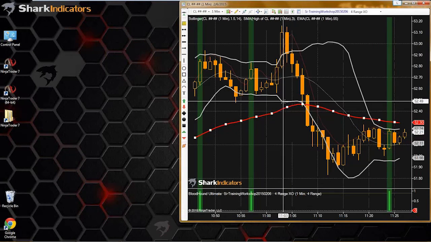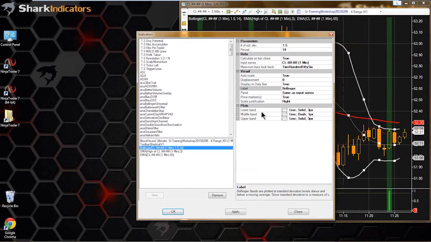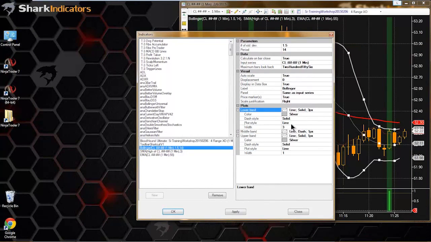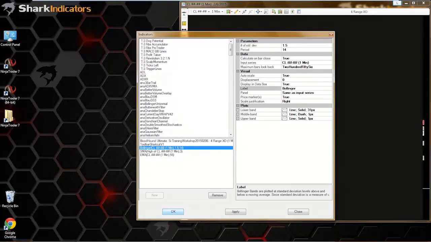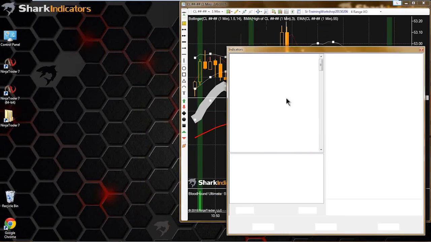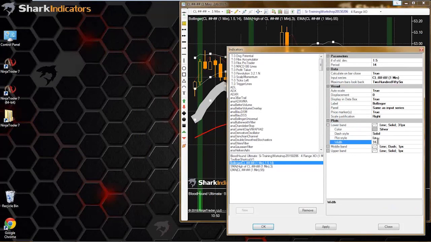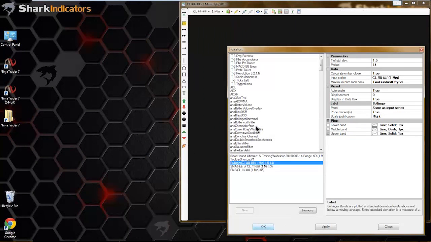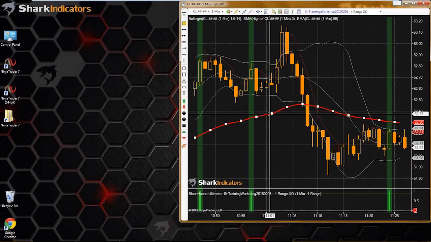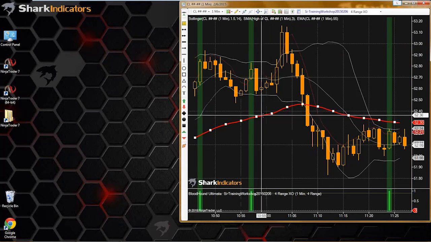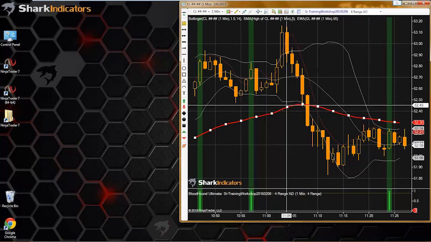Okay, there's our EMA, and let me fade our Bollinger Band into the background as well. Alright, so let's find when price, I guess we'll just assume the closing price is within 5 ticks of our EMA.